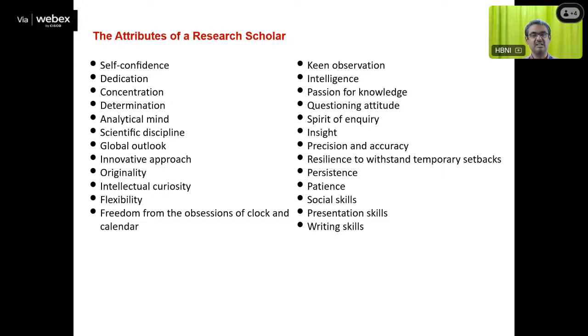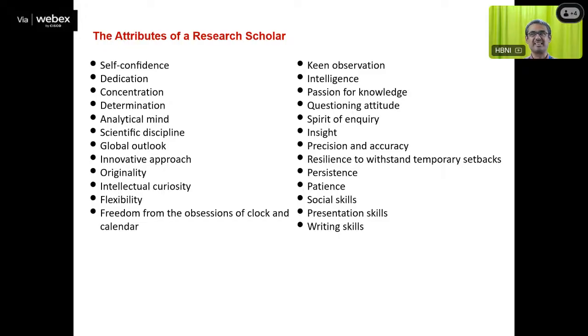Somewhere I've seen a lack of time or other factors, and we may not be able to investigate all areas of our research. So flexibility means that in our thought process or during interpretation, we should have good flexibility and consider others' opinions in our research. Freedom from the obsession of clock and calendar, we have understood probably.